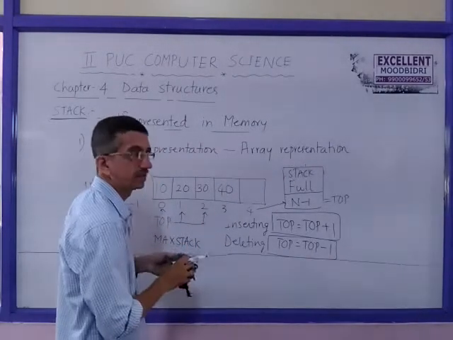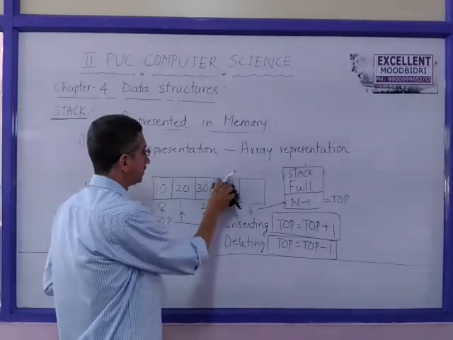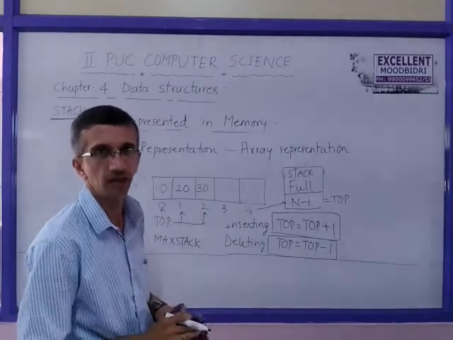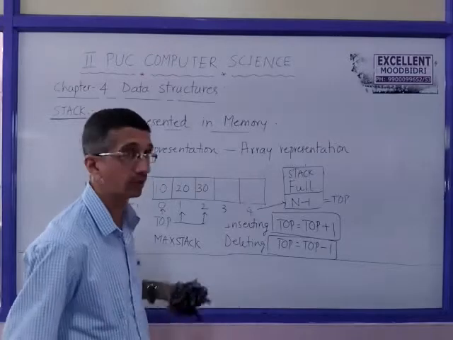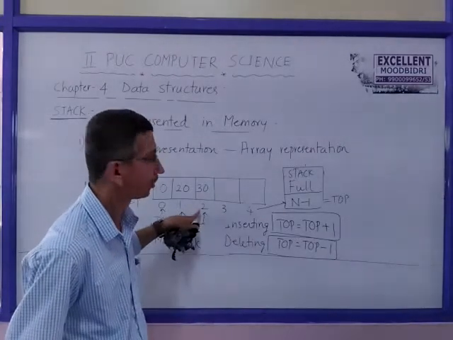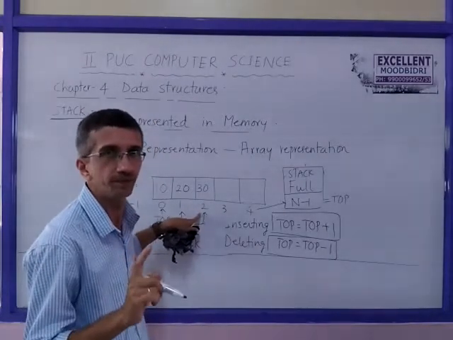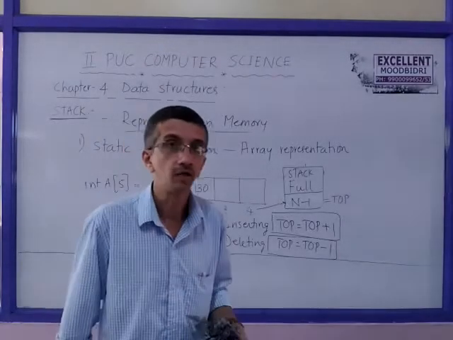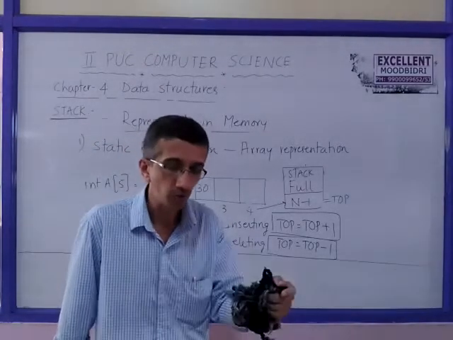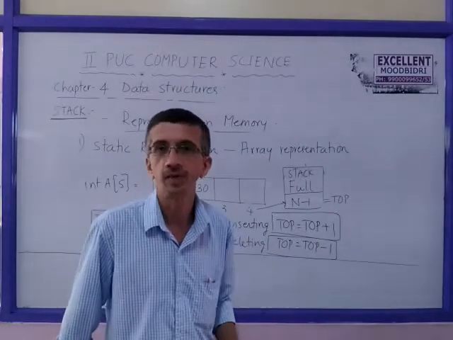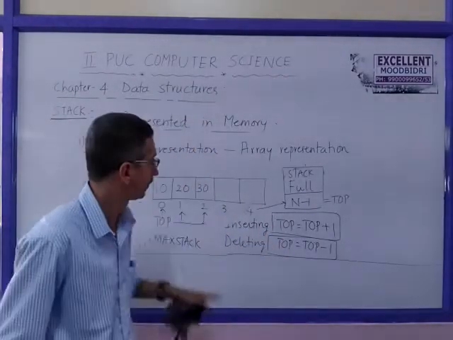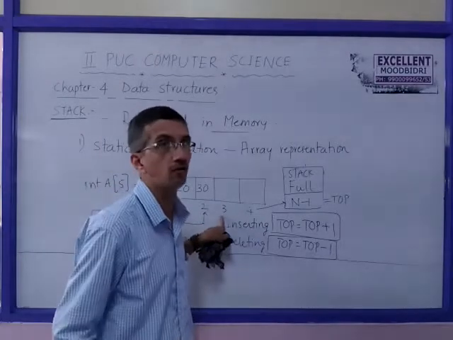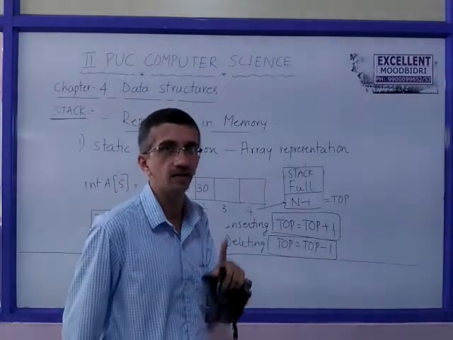The index remains, so this is not referenced. There are only 3 items. You have removed that. You are not accessing the other index. The top index available is 2. Remember, when you represent a stack using an array, the topmost item is the latest item available. That means you should not refer to an index beyond the top. Understand this, correct?